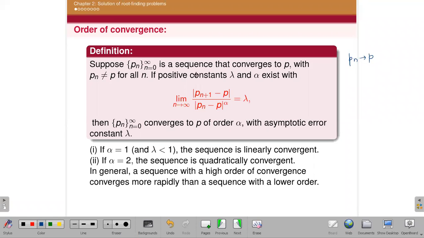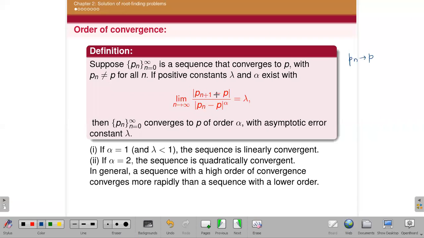So here, if you are taking any sequence generated by the bisection method, secant method, Newton method, or fixed point iteration, any sequence generated from any method with Pn not equal to P for all n, and if a positive constant exists and this limit exists, which is equal to lambda, then you will say, this is the ratio of the (n+1)th iteration minus the exact root, divided by the nth iteration Pn minus P raised to power alpha, which is equal to lambda.